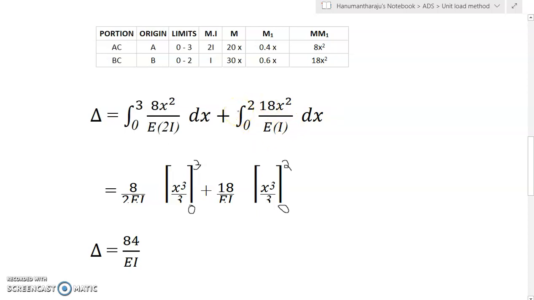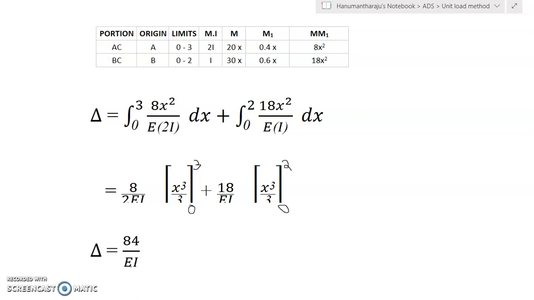Integration of x square dx is x cube by 3. Limit is 0 to 2. When you calculate this, you are getting the deflection at point C as 84 by EI. This is how to find the deflection by unit load method.